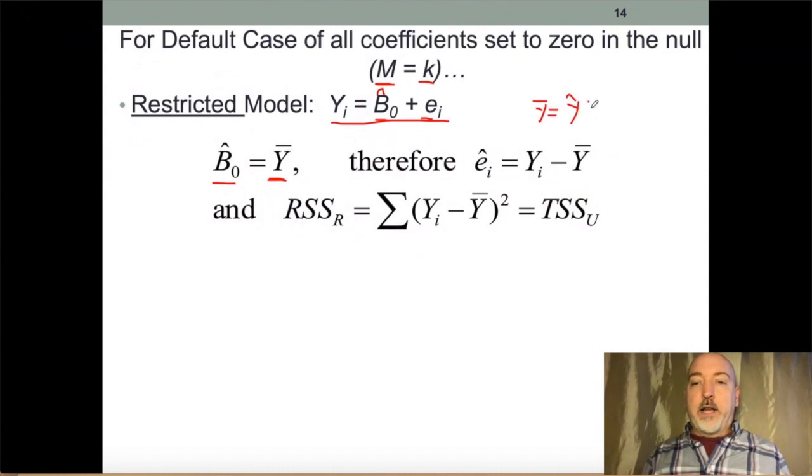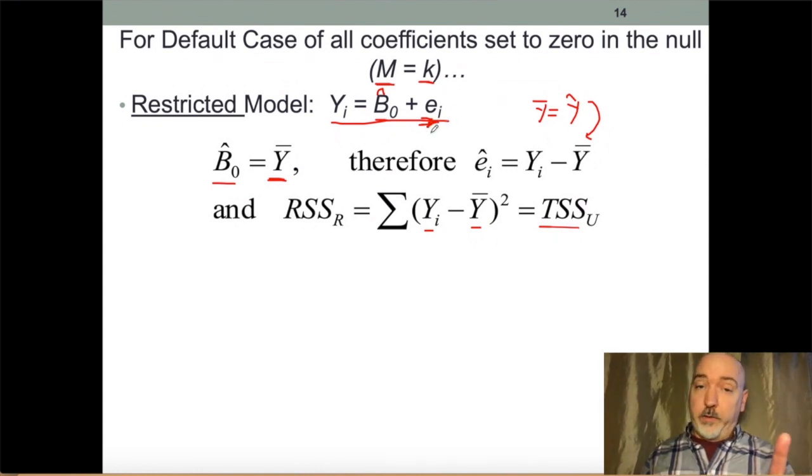If we plug that in, our residual for a given observation is the difference between y and y hat, which is y minus y bar. So that gives us this nifty little result. The sum of the squared residuals will be the sum of the squared deviations of y from its mean, which is our total sum of squares. Again, this only works because of the lack of any x variables on the right-hand side.